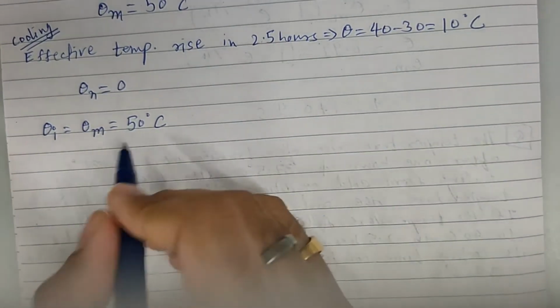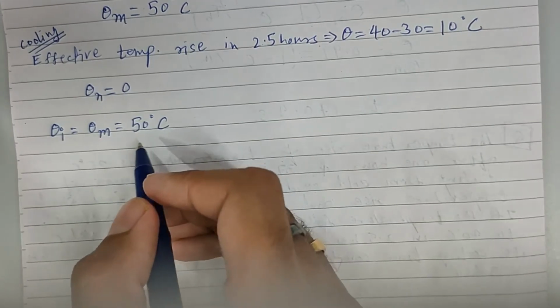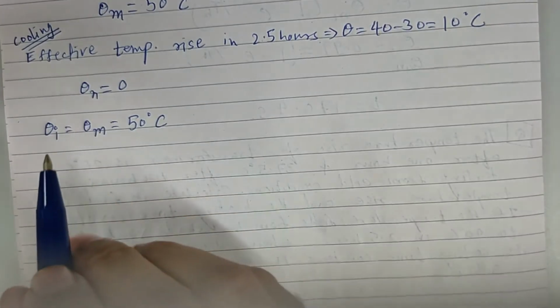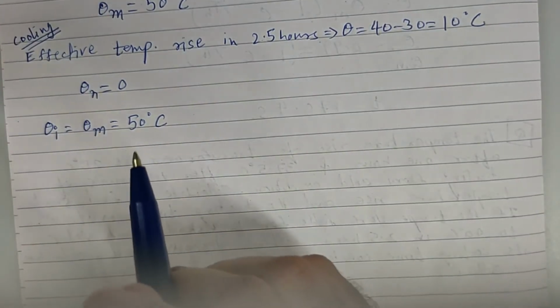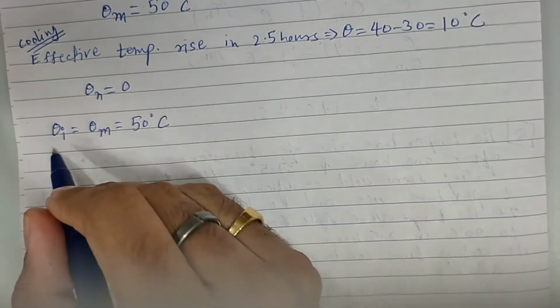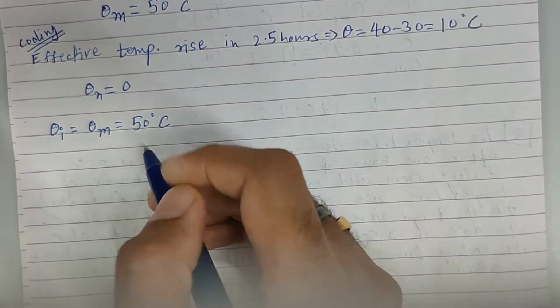It increased to the maximum temperature rise, that was 50 degrees centigrade, which becomes the initial temperature when the transformer has been disconnected. So my theta I is equal to theta m, which is 50 degree centigrade.